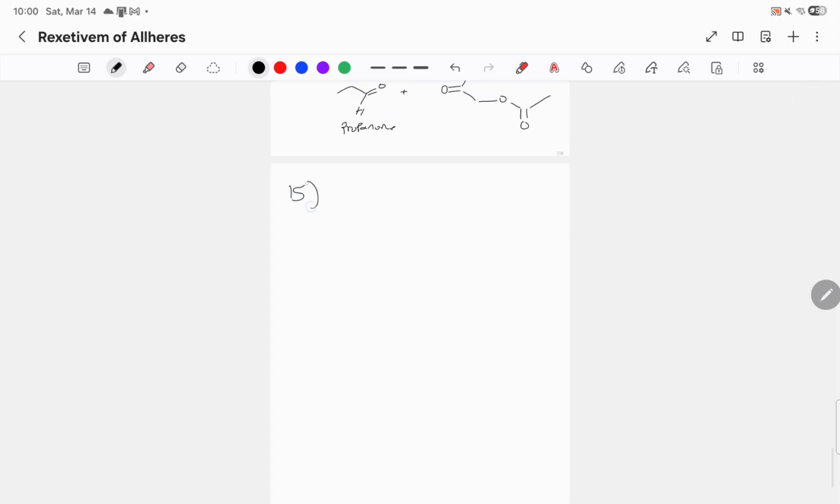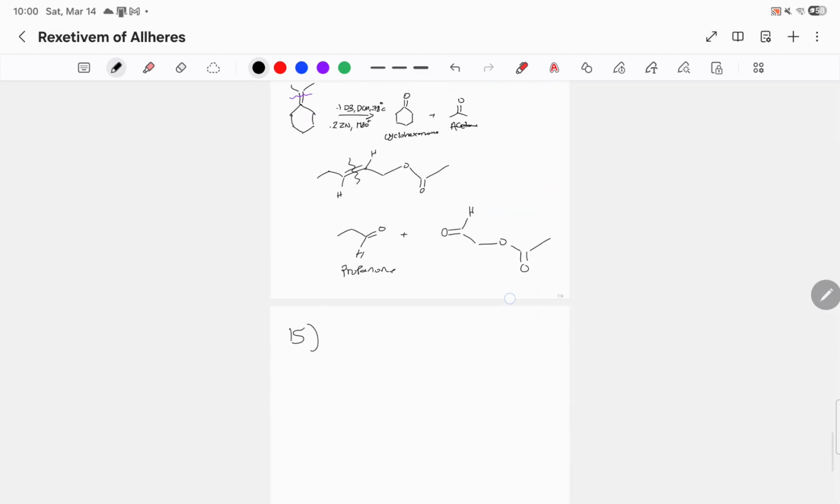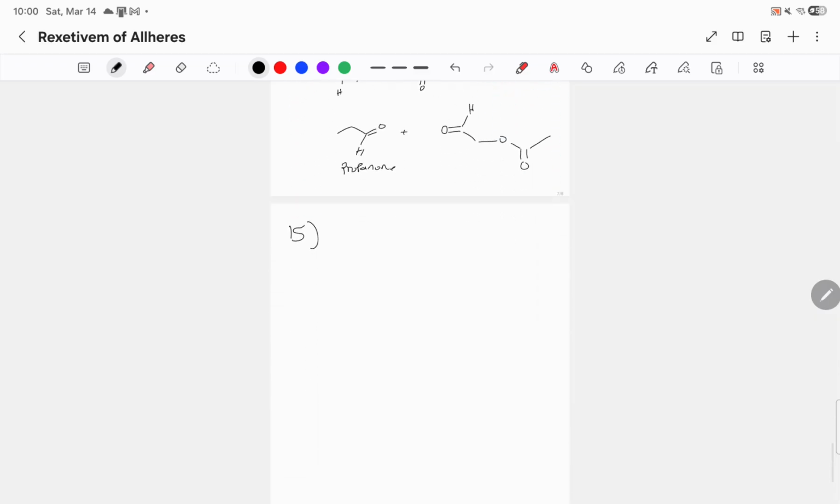Number 15, reaction 15, is going to be one of our last reactions. It's going to be oxidative cleavage again, but this time with potassium permanganate, so KMnO4, and periodic acid. Something like potassium permanganate, right?